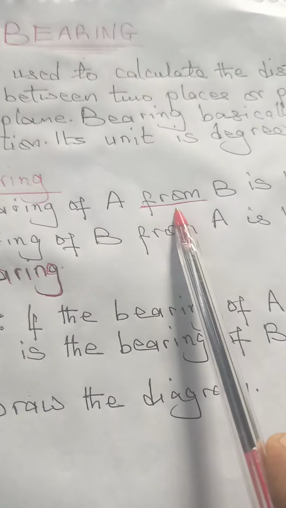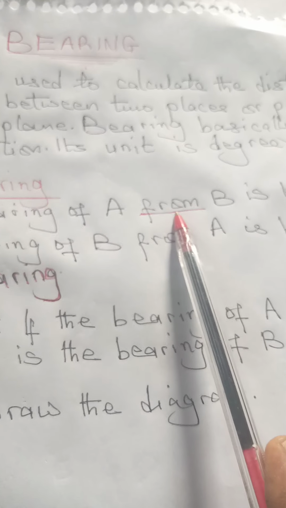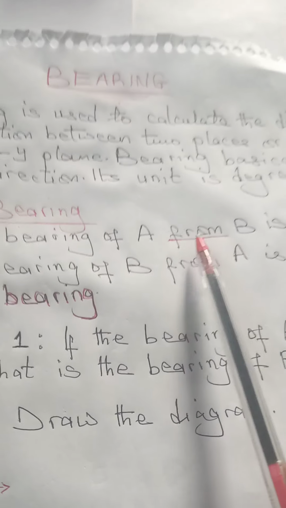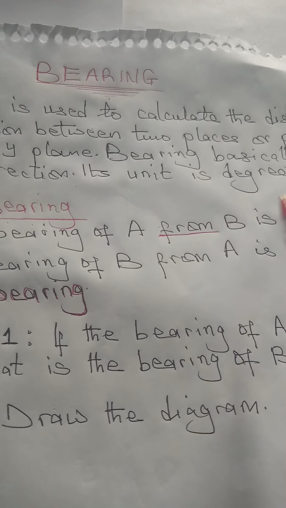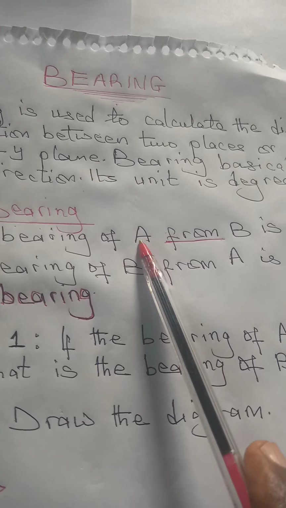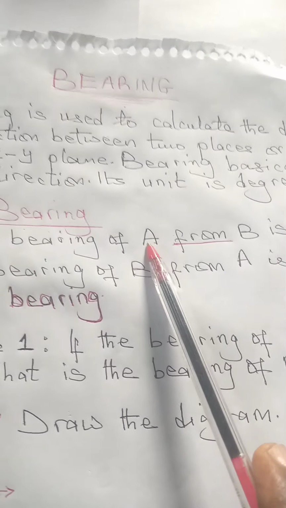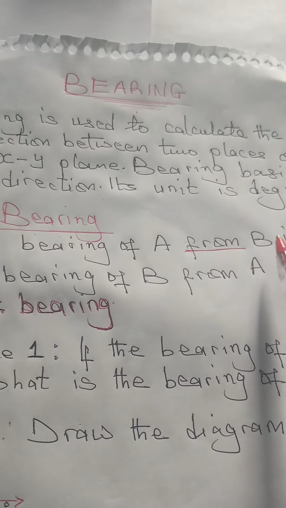In bearing, you have to be very, very careful with the way you manage this word from. Of course, when this word is used, it indicates your starting point. If the bearing of A from B is known, it means we are starting from B. So B is the starting point, while A here is the final or your destination point as suggested by this word from.